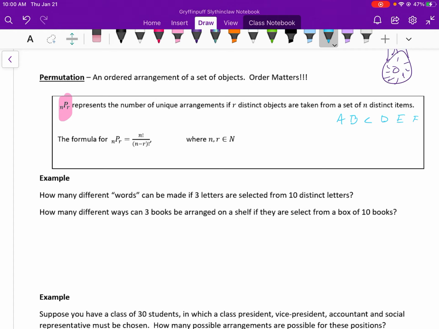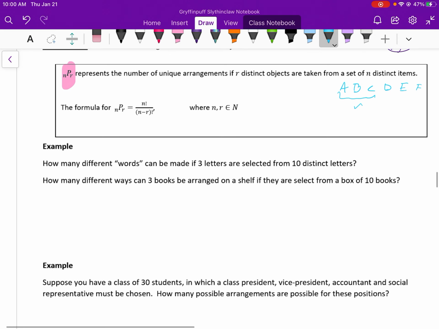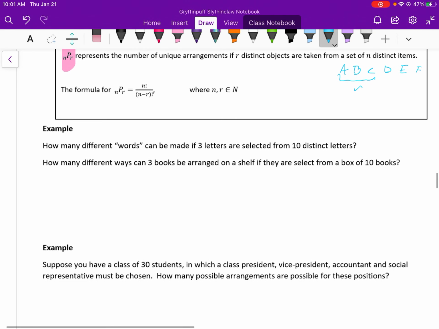In our earlier example, if I have 6 letters, those are 6 distinct objects, right? They're distinct because they are different. If I'm going to choose a subset of them, that would be r distinct objects. If I'm selecting objects, this will be a permutation.